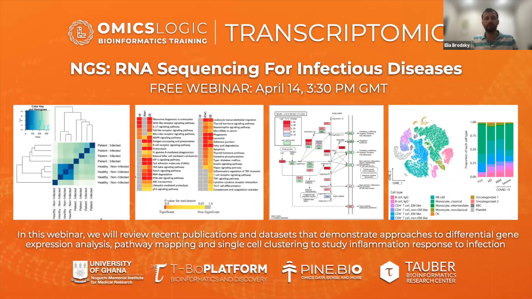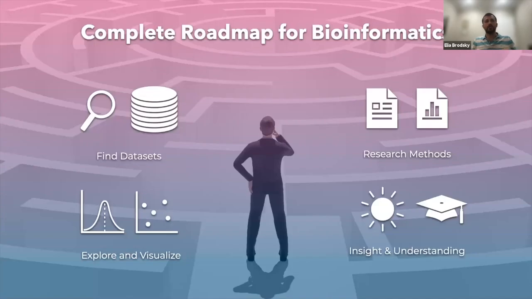So we have a number of programs that are designed around the specific challenges associated with these types of data, as well as specialization tracks. And those specialization tracks include oncology, infectious diseases, agriculture, and others. And so as a result, this portal offers a complete roadmap for bioinformatics.